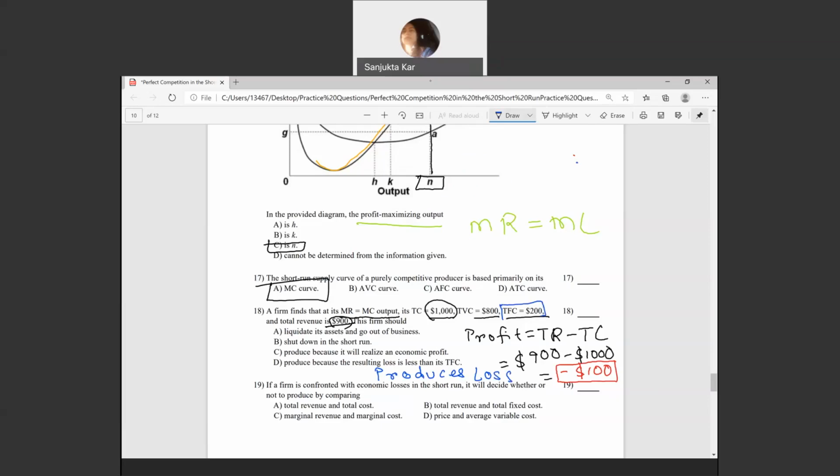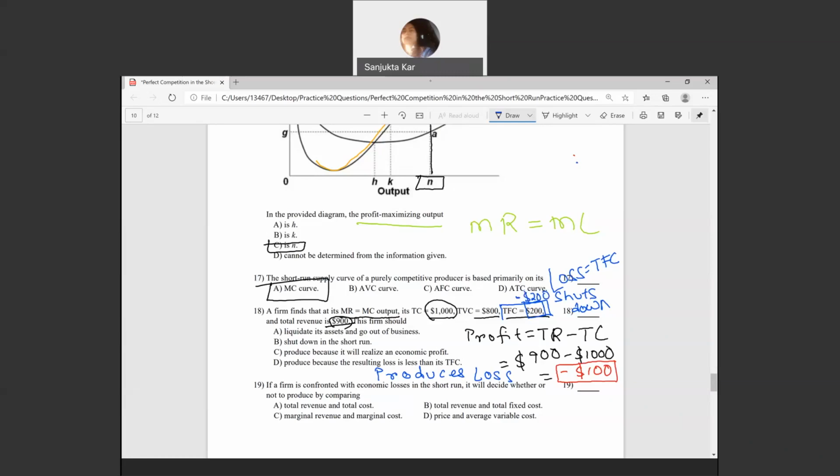However, if the farm shuts down, the farm will incur a loss equal to the total fixed cost of production, which is 200. So I'm going to say negative 200. Which one do you think is better? Incurring a loss of 200 or a loss of 100?